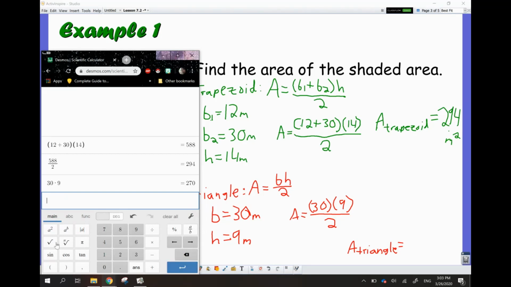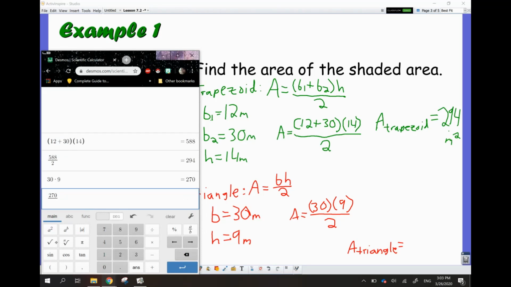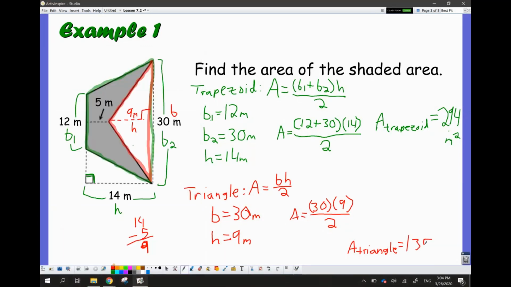That's 270. So 270 divided by 2 is 135. And that is also meters squared. So now that I have the two areas, this is not yet over.